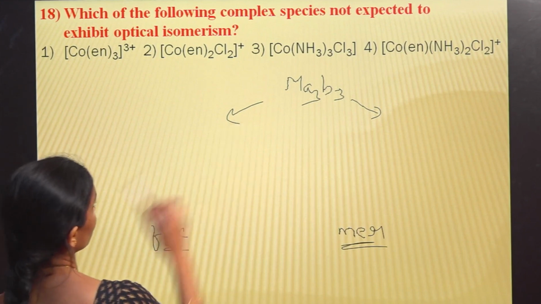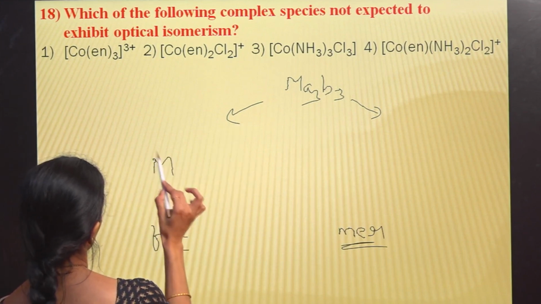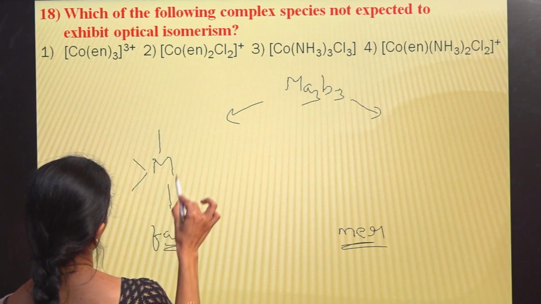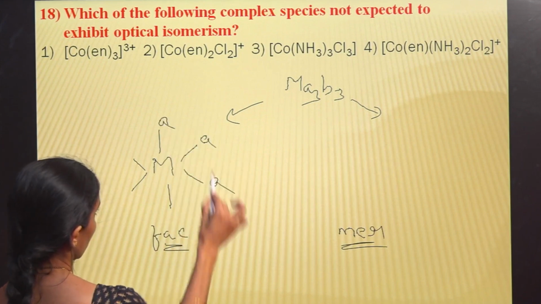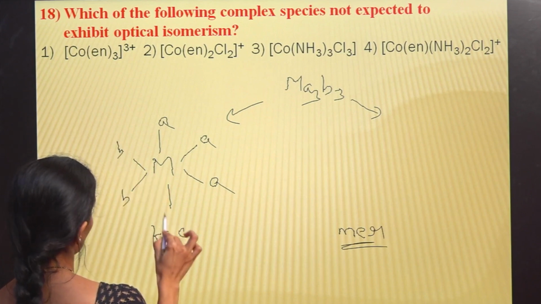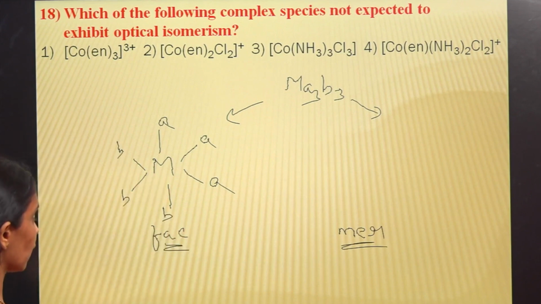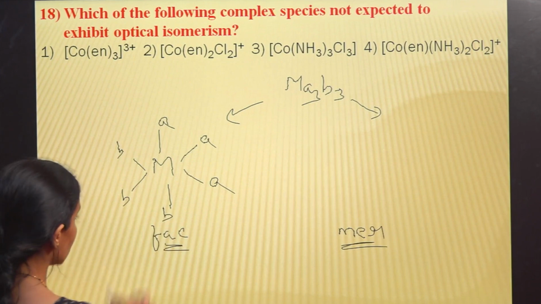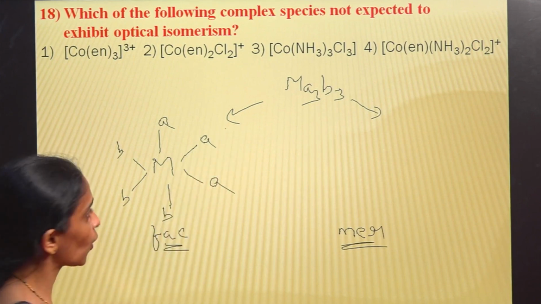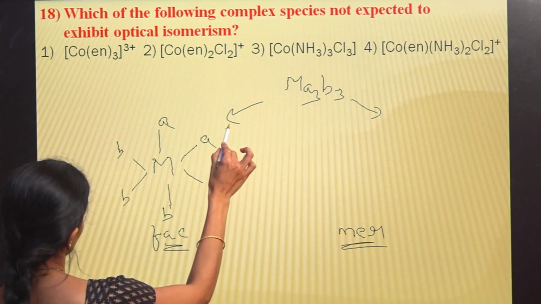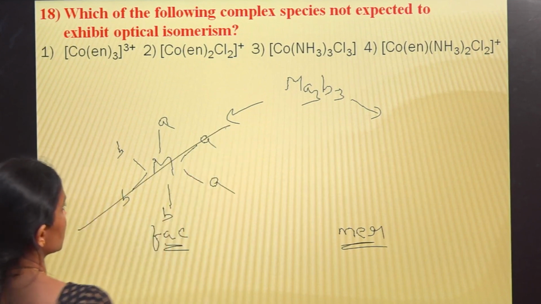How does the facial form appear? Central metal is here. AAA written continuously and then BBB. So this is the facial form. This particular facial form, which is similar to the cis form in other complexes, has a plane of symmetry.